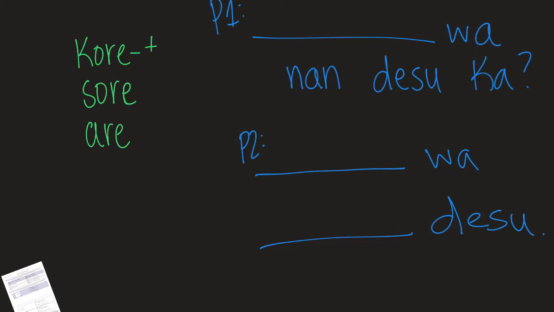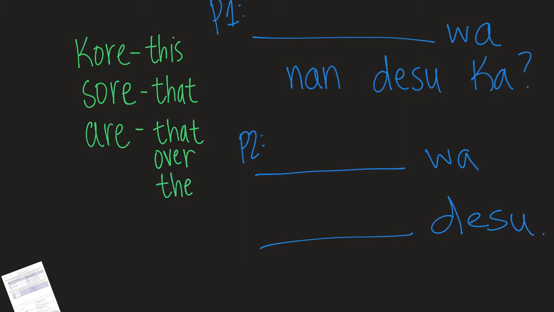Kore is this, sore is that, and are is that over there. All right. So if we want to say, what is that over there? We're going to say, are wa nan desu ka?